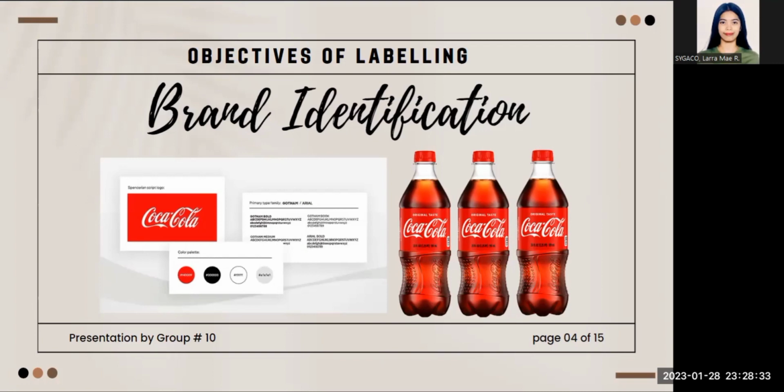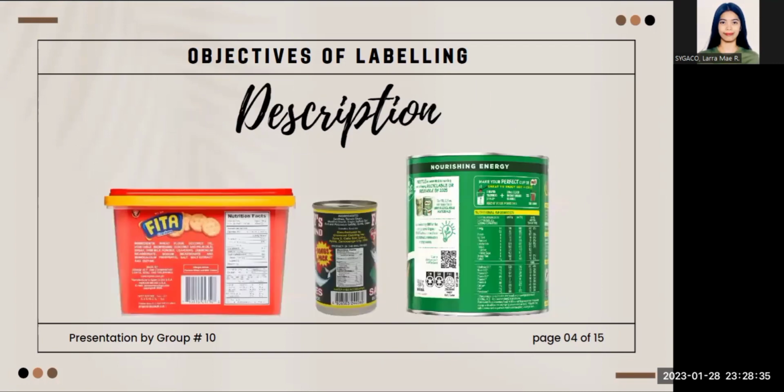So next po. Next will be the description. So when we say description, labels provide the information regarding the food product. It describes the size, the contents, the nutritional value, the net weight, the product usage methods, as well as the shelf life.